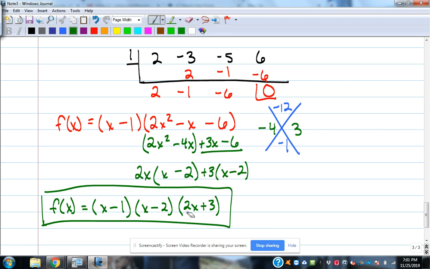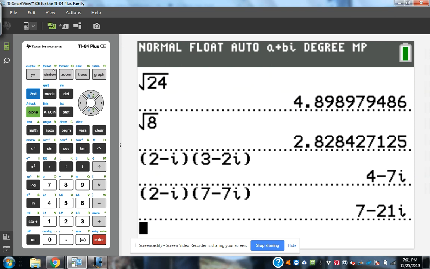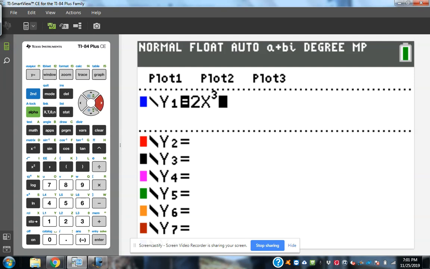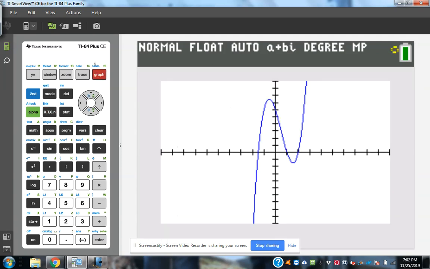A way that you can check to see if your factored form is the right one would be if you graphed the original problem with your calculator. So I went 2x to the third minus 3x squared minus 5x plus 6. If I graph that, there's the picture of it.